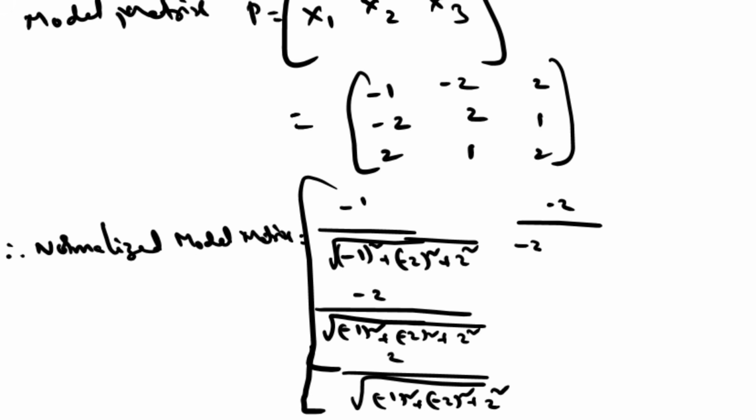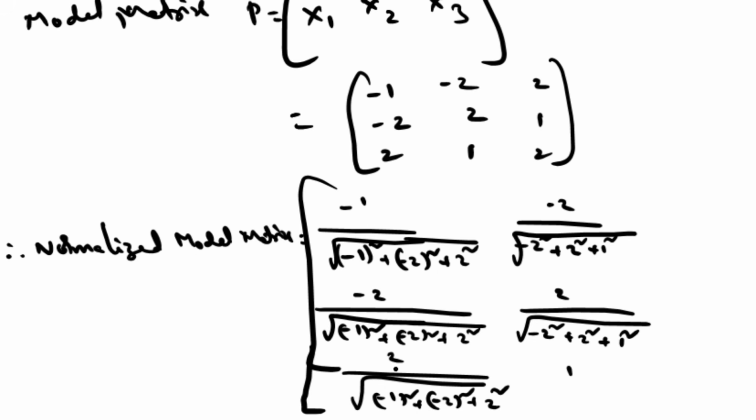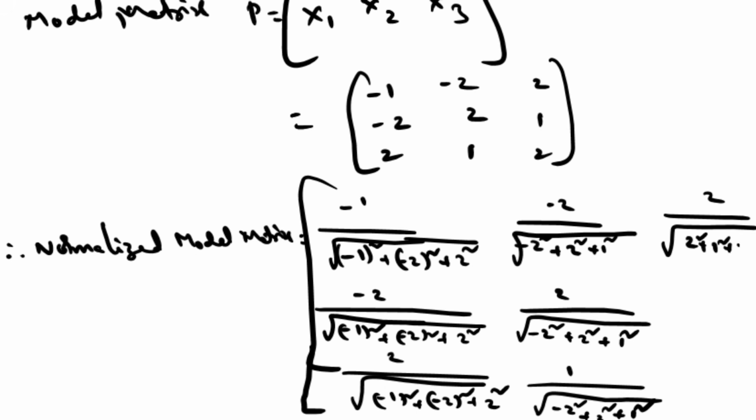Then -2 by the square root of (-2) squared plus 2 squared plus 1 squared, 2 by the square root of the same, 1 by the square root of the same. Then 2 by the square root of 2 squared plus 1 squared plus 2 squared, 1 by the same, and 2 by the same.